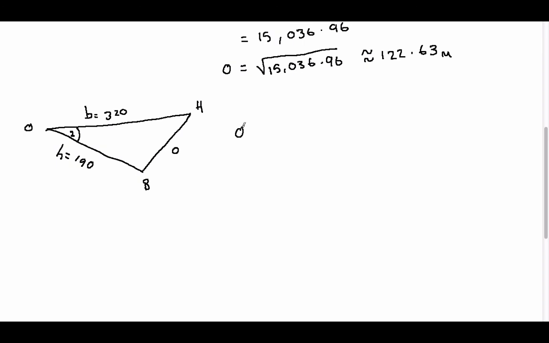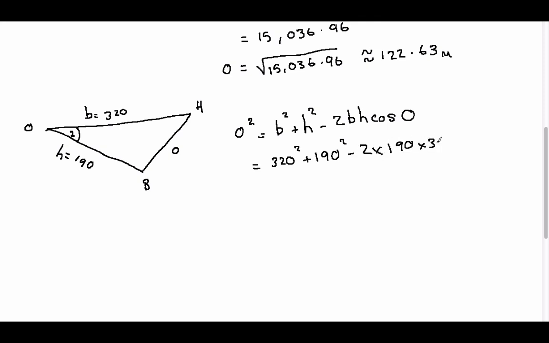So we will see that o squared is equal to b squared plus h squared minus 2bh cos O. So that gives us 320 squared plus 190 squared minus 2 times 190 times 320 times cos of 2 degrees. So that tells us that o squared is 16,974.08.